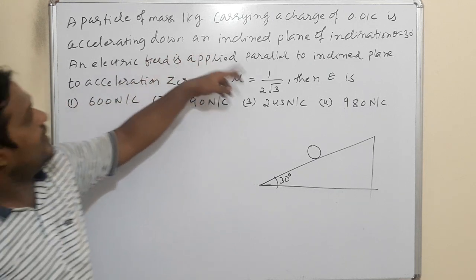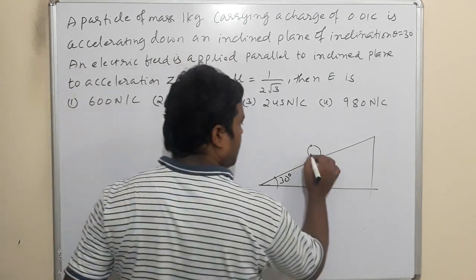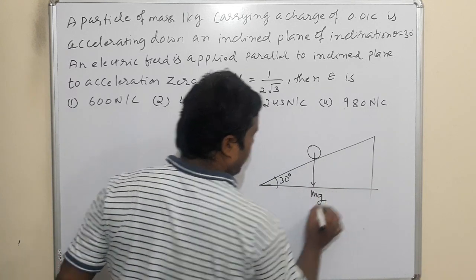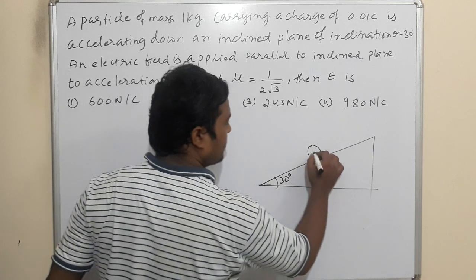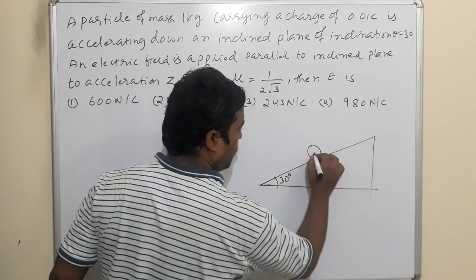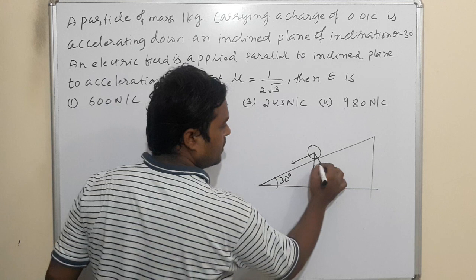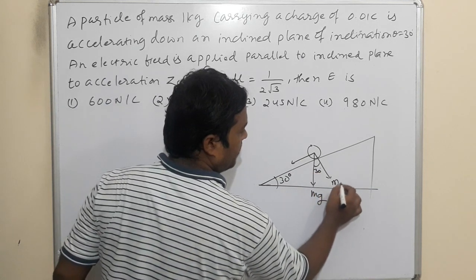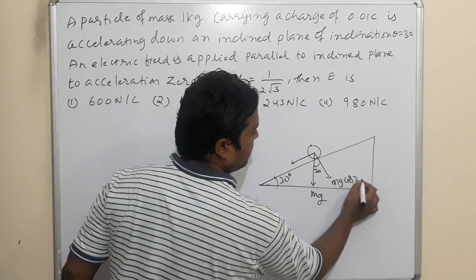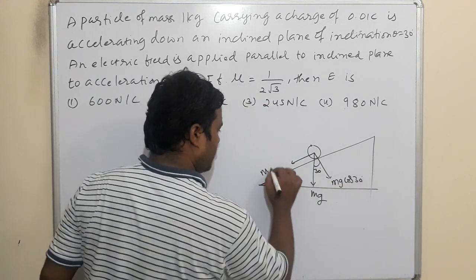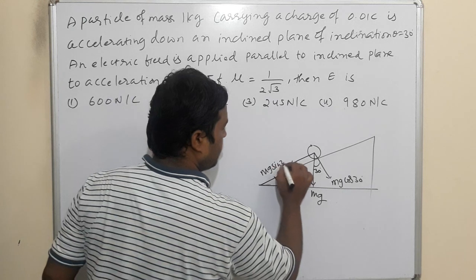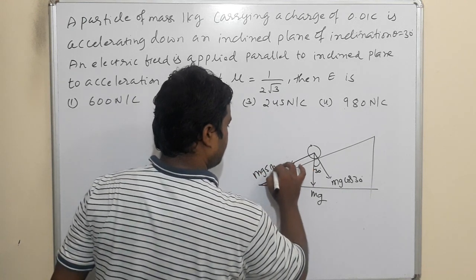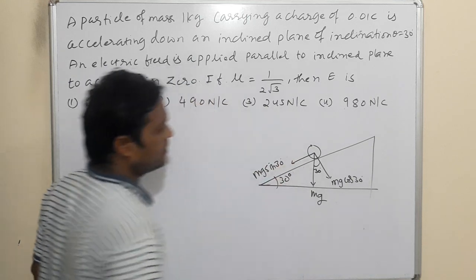It is accelerating down. See, what are the forces involved in this? This will be mg. Then this mg can be resolved into two components like this. This is 30 degree. Then this will be mg cos 30, and this is mg sin 30.